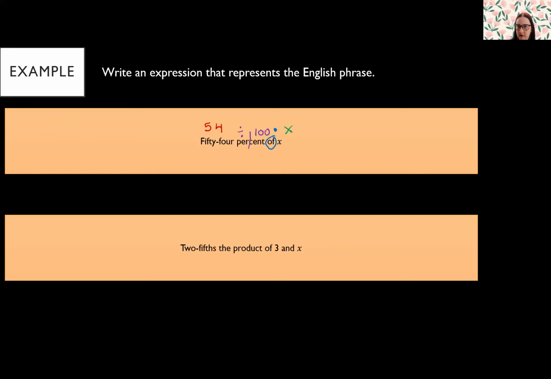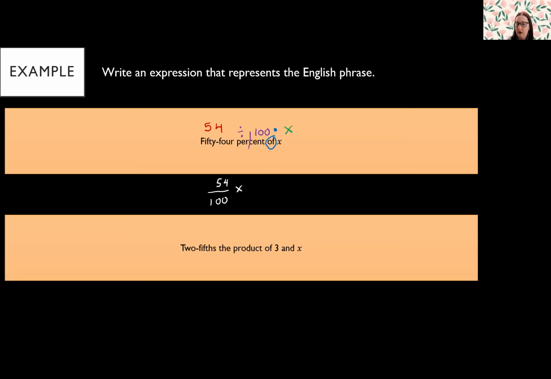So I've got 54% of X. How we then write this after we've translated it step by step is that divide by 100, we're going to make a fraction. So this is going to be 54 over 100 and then times X, or we'll write 54 over 100 X. So percent means over 100 essentially.